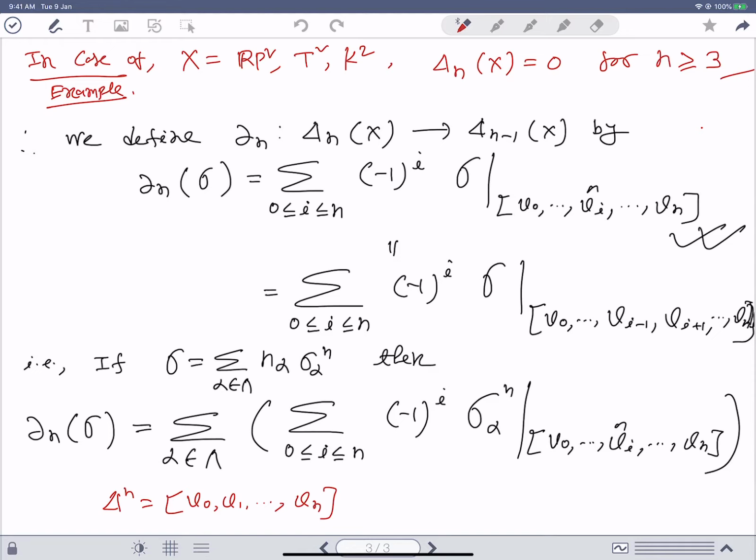Now if we restrict sigma to this (n-1)-simplex, it will be a map from Delta^{n-1} to X. So it will be in my set Delta_{n-1}(X), right. So we have a boundary map from Delta_n(X) to Delta_{n-1}(X).